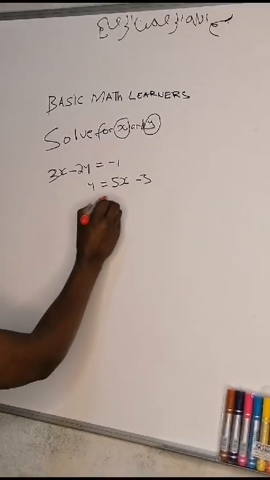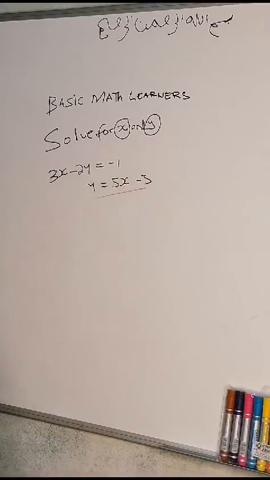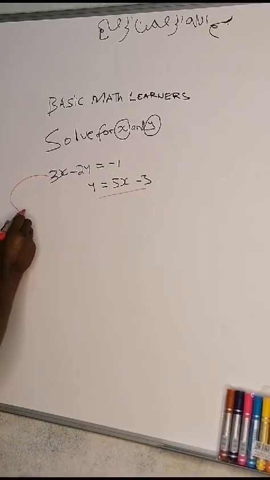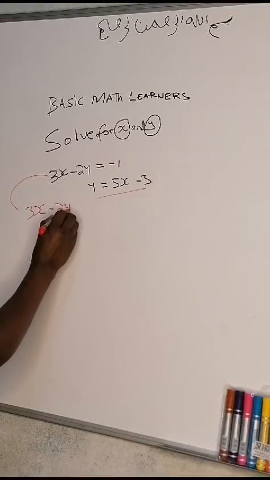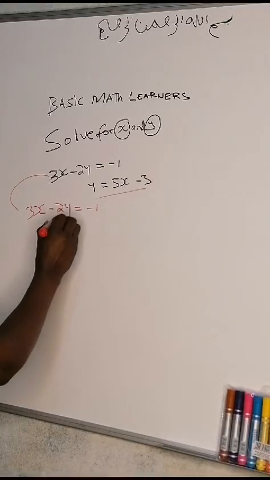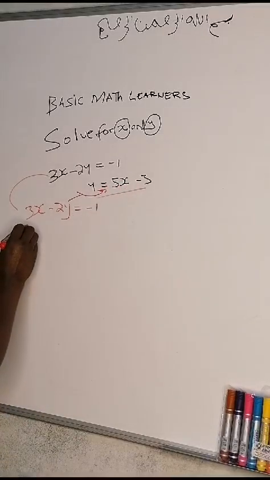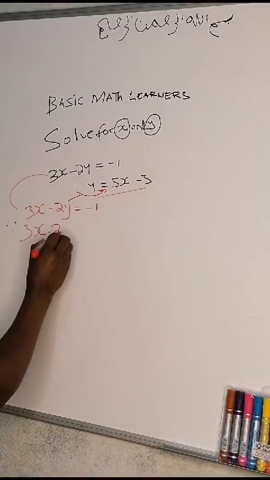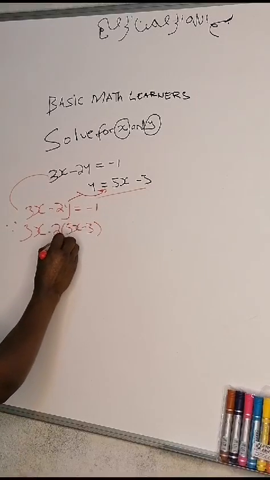My second equation is in standard form and it's telling me that y equals 5x minus 3. Therefore, I need to take the first equation, 3x minus 2y equals minus 1. And I see my y equals 5x minus 3. Therefore, I need to substitute in place of y, 5x minus 3 in brackets.